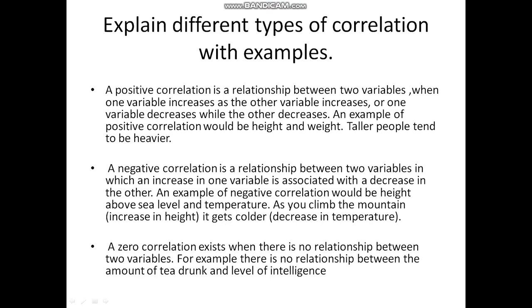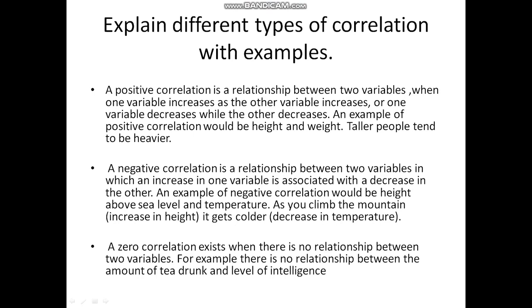Now let's see the real life examples. What is positive correlation? It would be weight and height. Taller people tend to be heavier, right? So that is known as a positive correlation. In the negative correlation, it would be the height above sea level and the temperature.